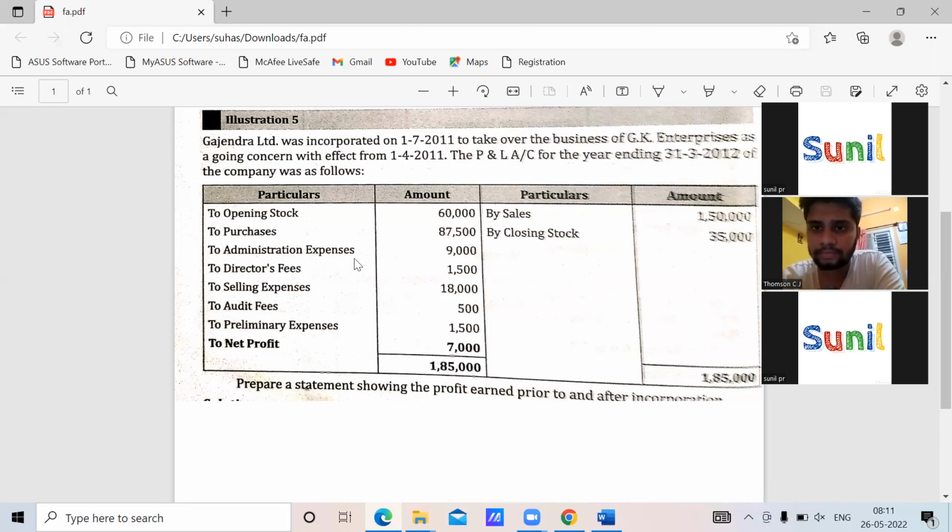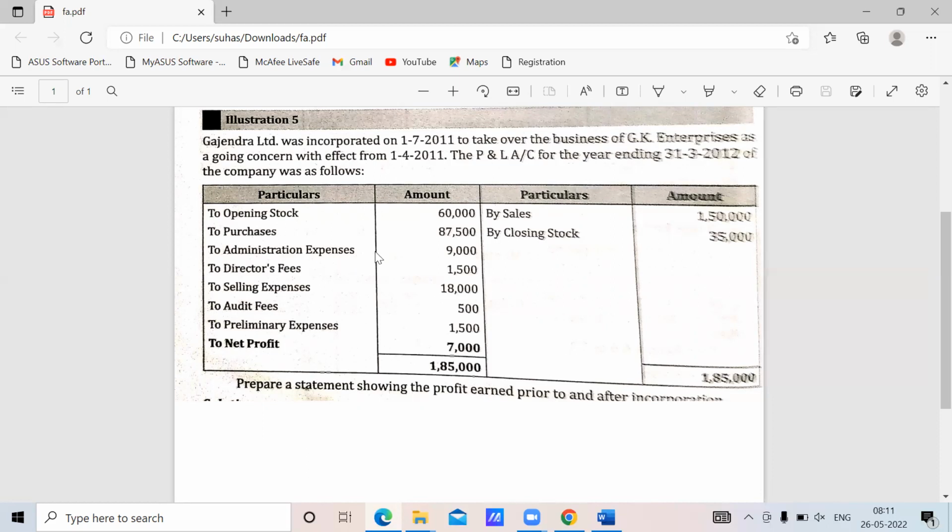Now, administration expenses I will quickly tell you. Administration expenses will go as a time ratio. Director's fees, sales ratio. Sorry, director's fees is direct to post. Direct to post.